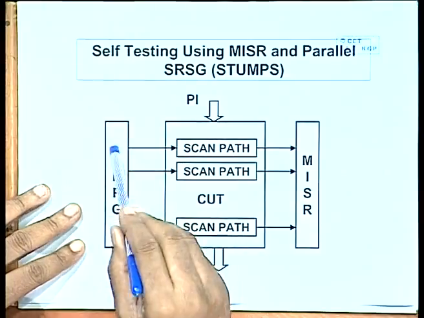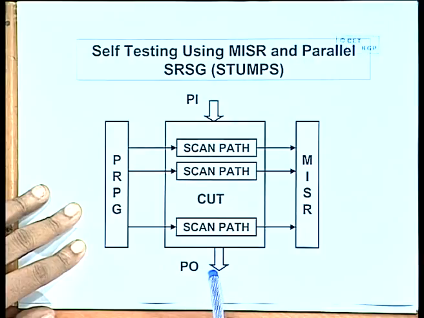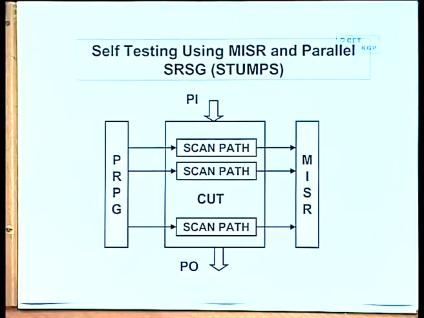That means you do not always have to apply the test patterns deterministically from outside, and you need not always just observe the responses by shifting them out, but rather you can use a scheme like this, where you have these scan chains in place, you apply some primary inputs, you can apply some pseudo random patterns if you want, and to the scan chains also you apply pseudo random patterns. In the primary outputs also you can do a compression. So, you compress values and only the final compressed values you compare.